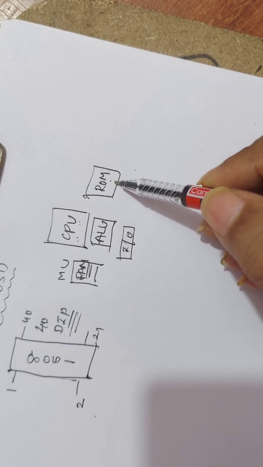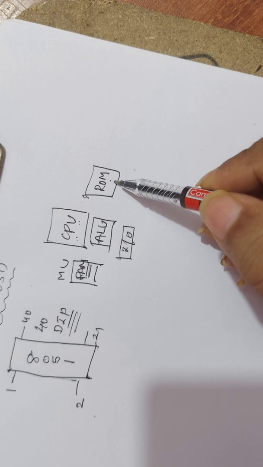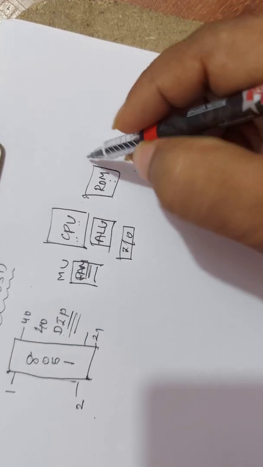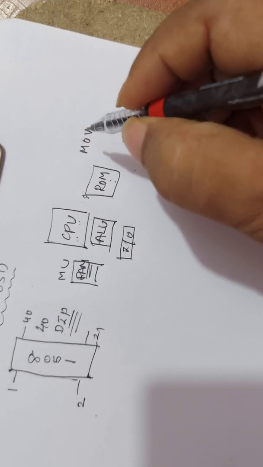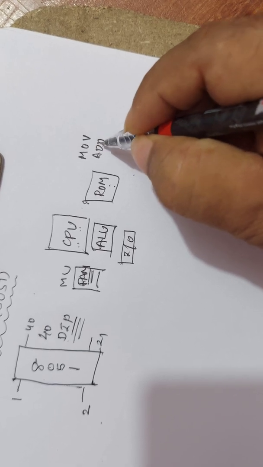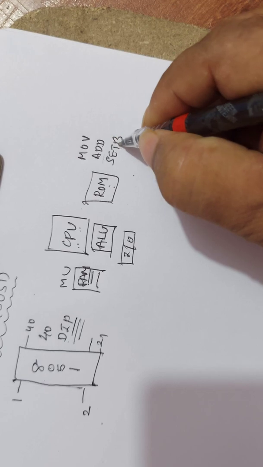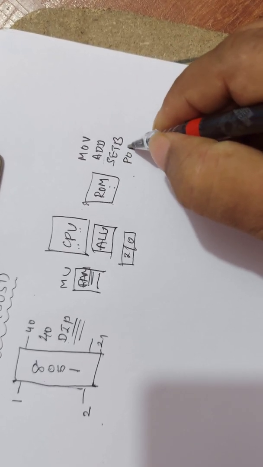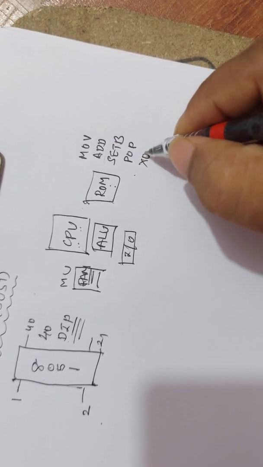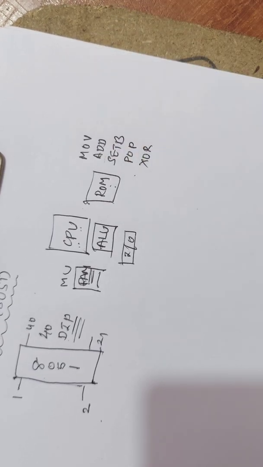This memory consists of many instructions, such as, I will write only a few: move, for arithmetic add, set bit, pop, XOR gate. Many instructions are there.